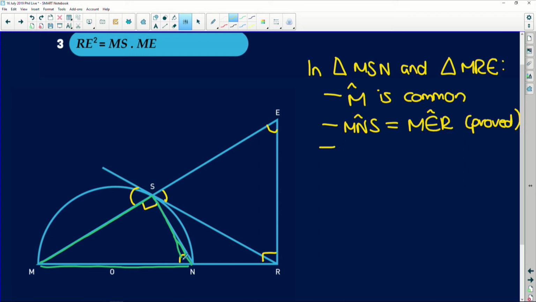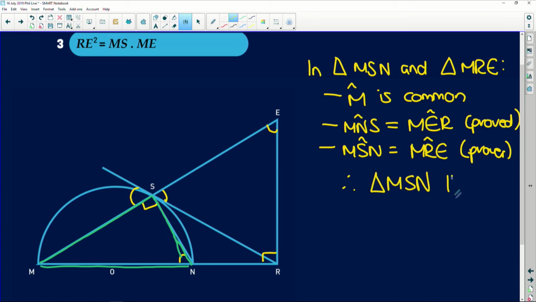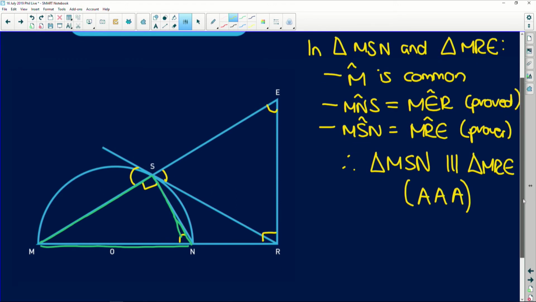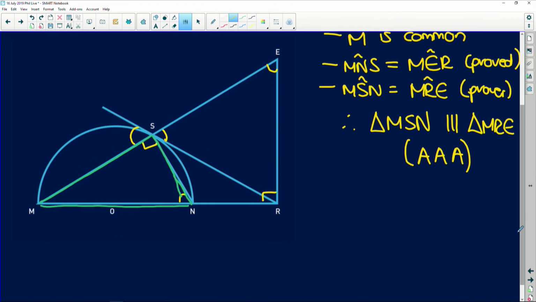And we already know that MSN is equal to MRE, proven. Therefore, triangle MSN is similar to triangle MRE. Angle, angle, angle.